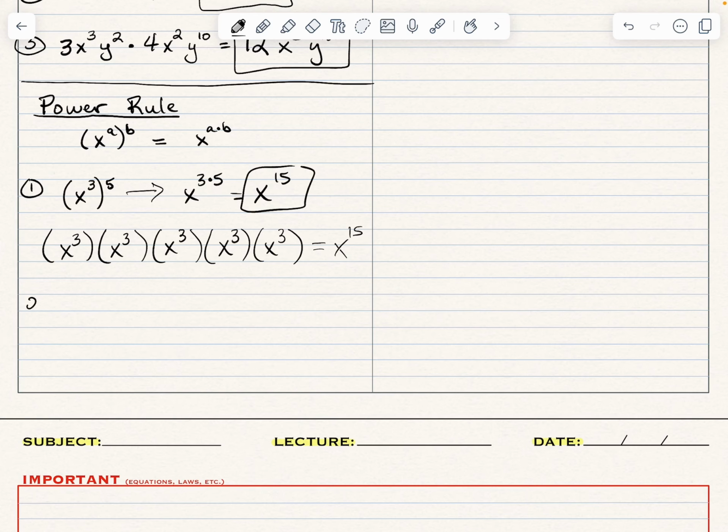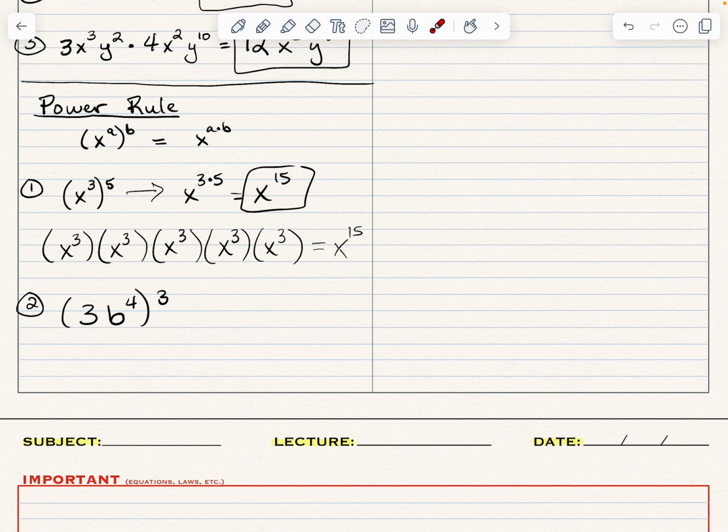So let's look at a case with our power rule that might be a little bit more involved. Let's say we have another number inside, a coefficient, right? Let's say the coefficient is 3, and let's do b to the 4th power, and this is all raised to the 3rd power. Now, the exponent here is 4 on the b.